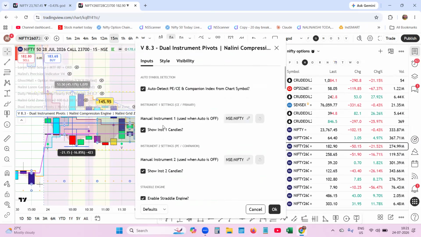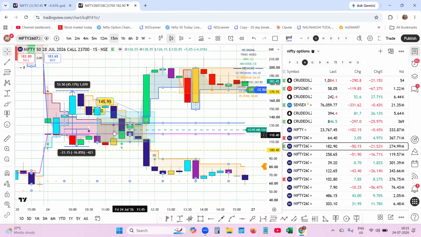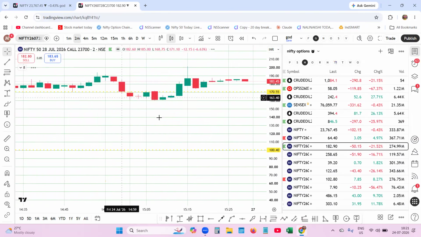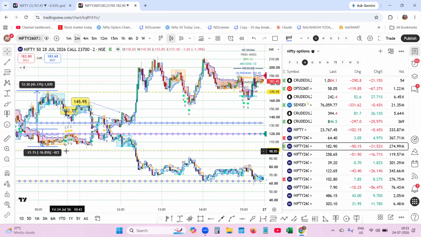Let me take out the background color. If I take out the background color, you can see the compression box. So let me go to the 2 minutes time frame, then you will see the compression box very clearly.